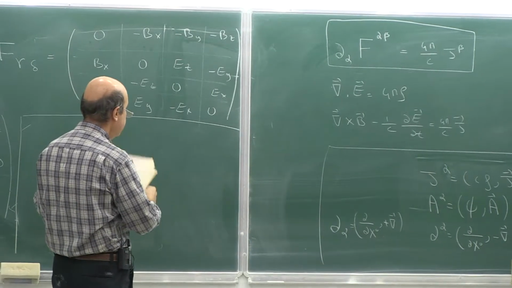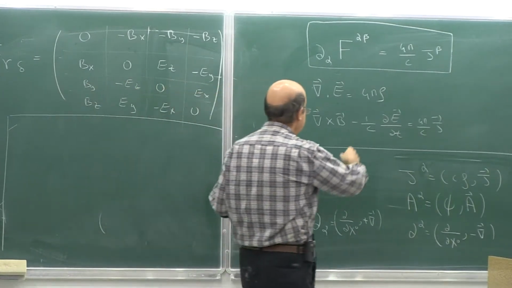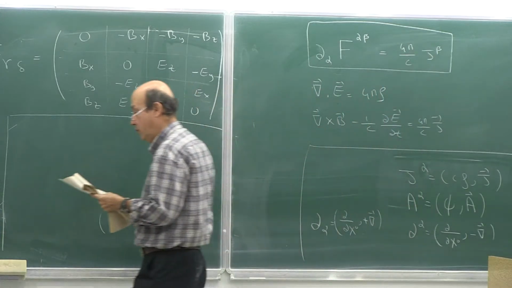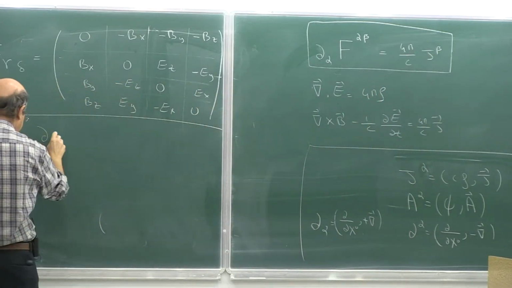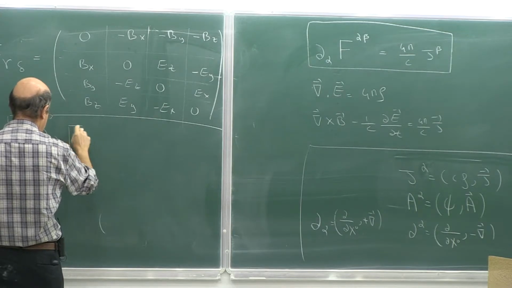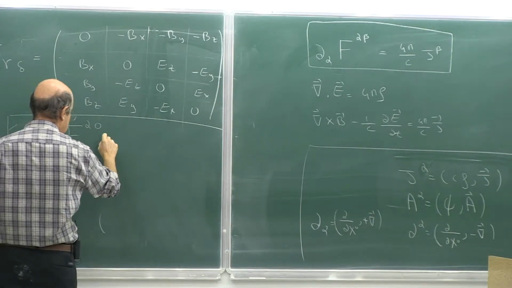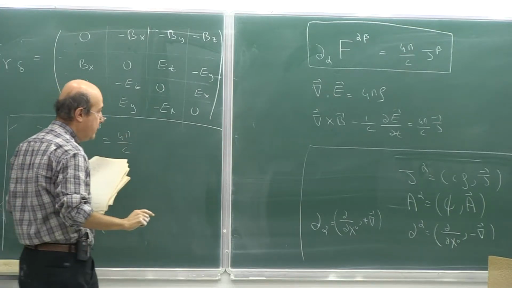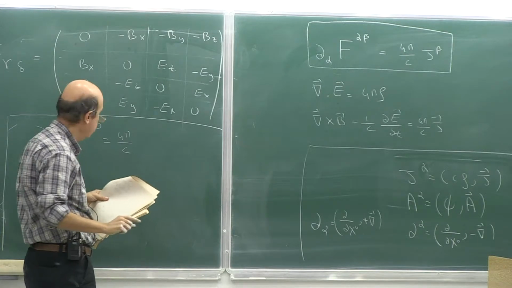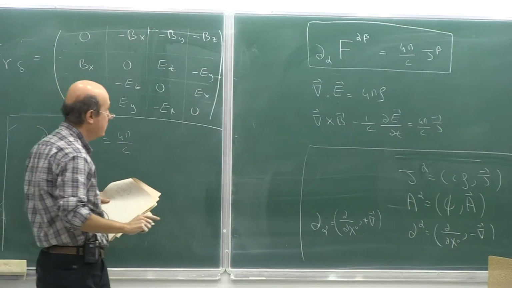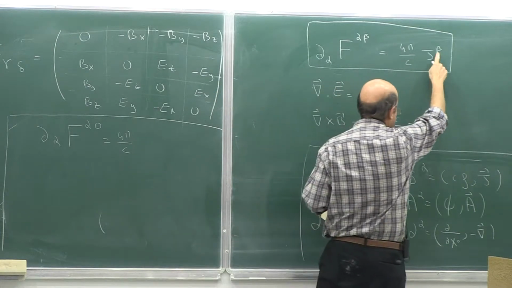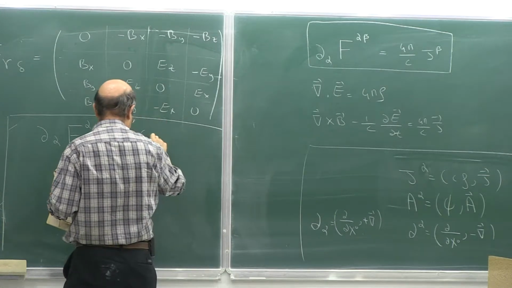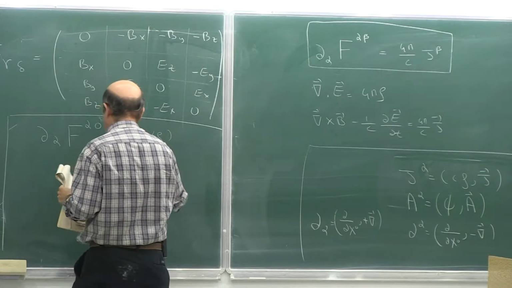So if you write, for example, for beta equal to 0, what we have to write? Del alpha F^{alpha beta} is equal to 4 pi over c J^0. What is J^0? If you say beta is equal to 0, this is J^0, which is c rho. The c's will be cancelled.